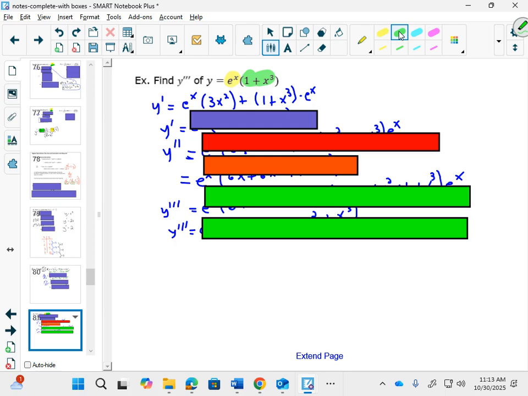So we keep our first one the same, multiply by the derivative of the green one. Then we keep the green one the same, and multiply by the derivative of the yellow one, which is the new same function that it was before because you did the derivative.